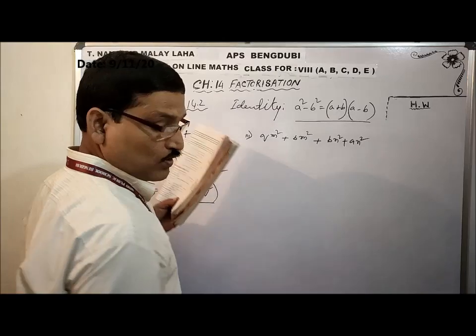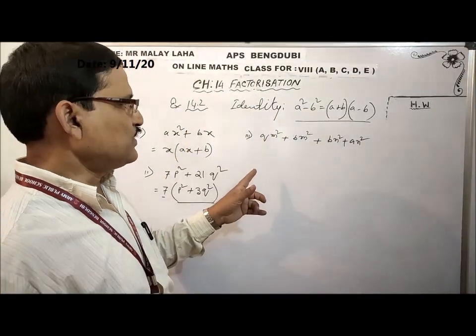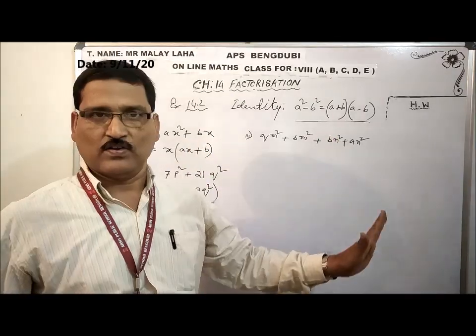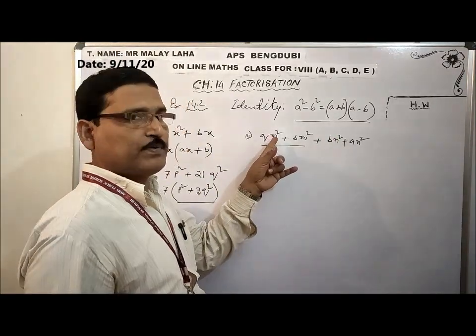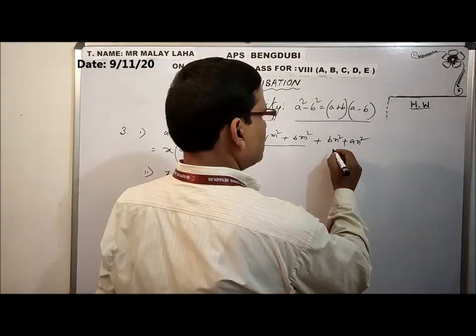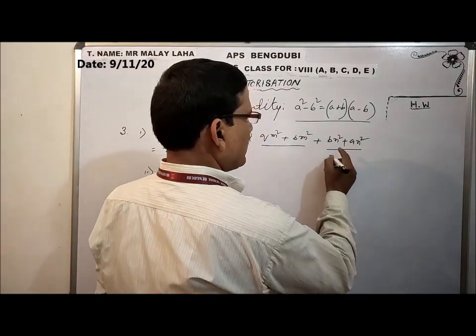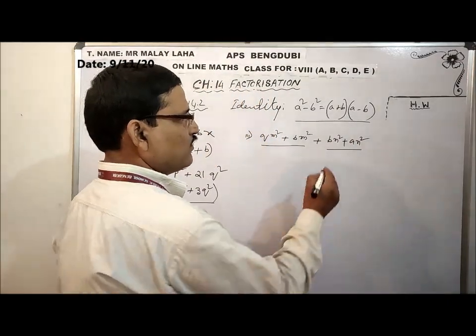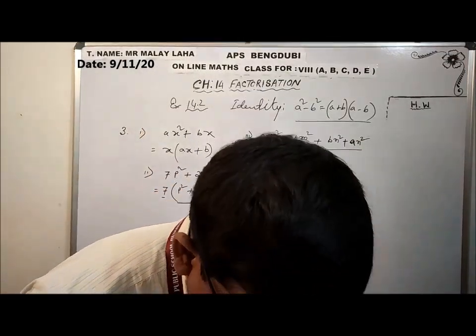You see, 4 terms are there. At a time, there is no such factor which can be taken common from all. But if I group these two, what is the common factor between these? N square. I can take common. And if I take common from here, what is the common factor? N. So n will get reduced.